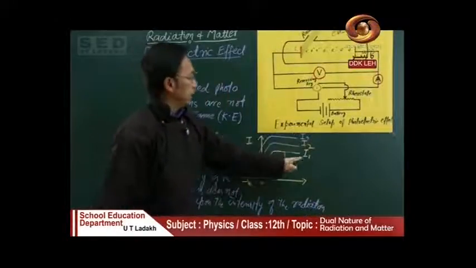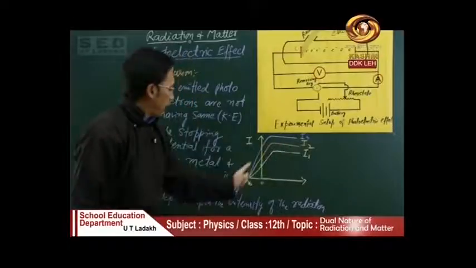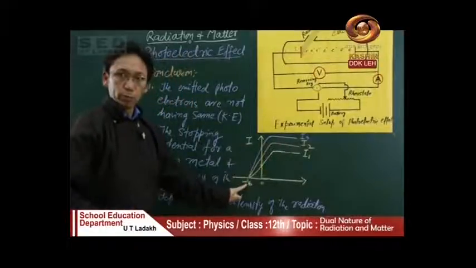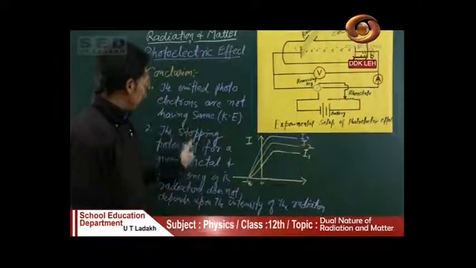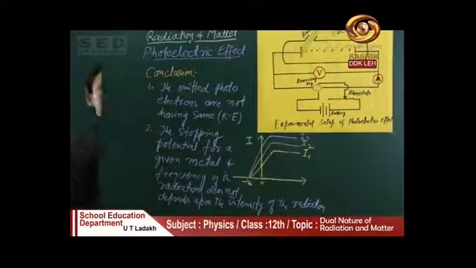For different intensity of the radiation, we have the same value of the stopping potential. So this is clear from these two points.